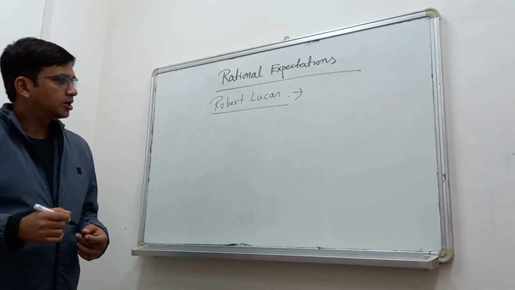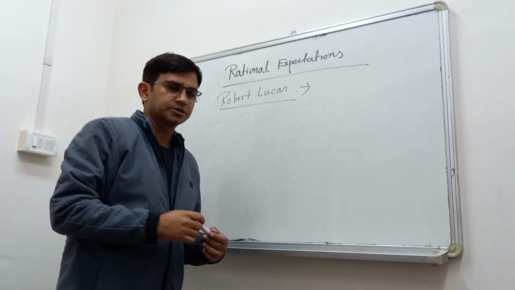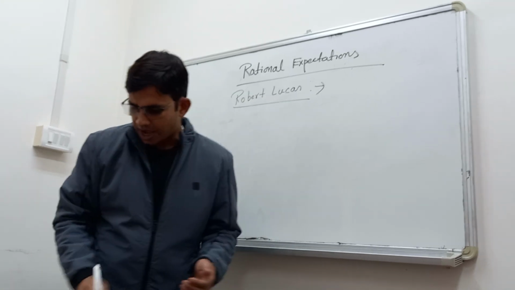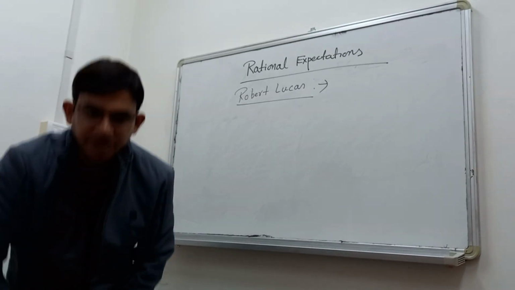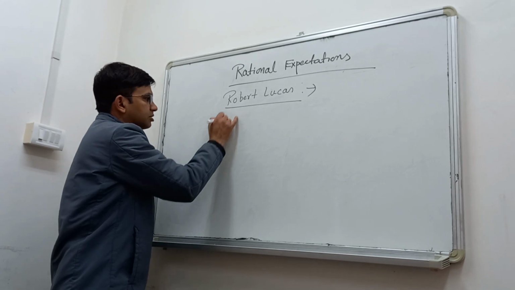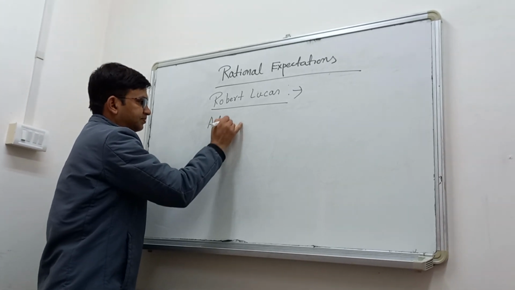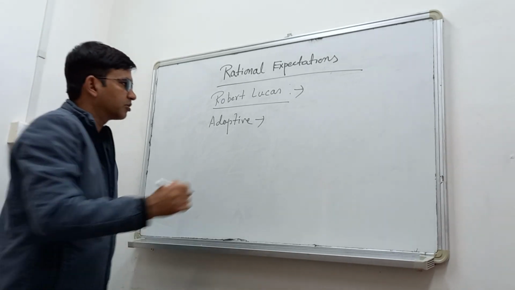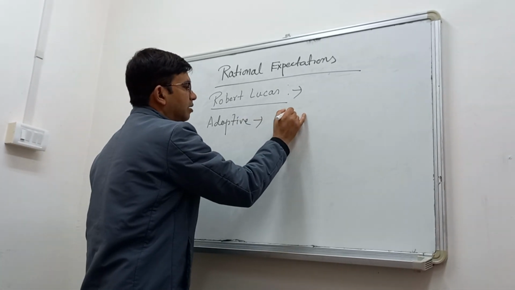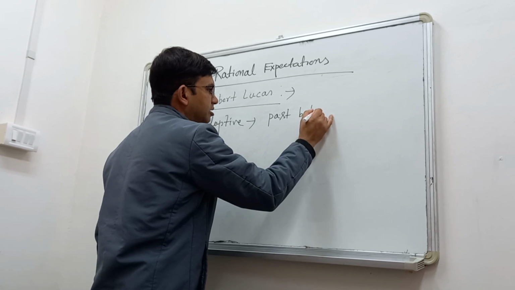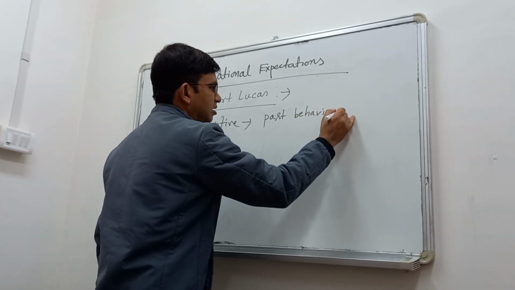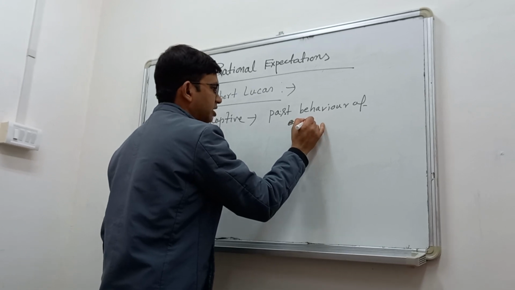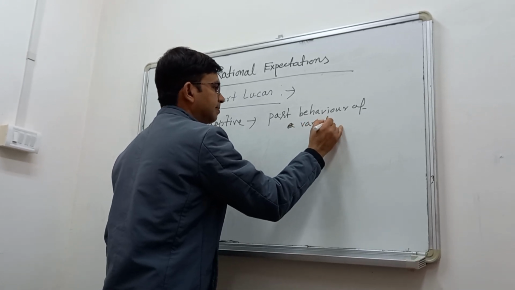So we know that there are two types of expectations. One is the adaptive expectation and another is rational expectation. So adaptive means the expectation is formed on the past behavior of a variable, of the variables.